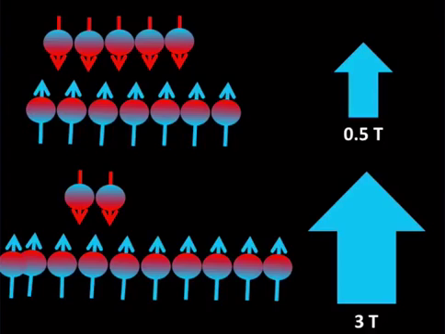The difference between the two populations corresponds to the energy required to produce resonance. As the field strength increases, the energy difference between the two populations also increases, so that more energy, or higher frequencies, are required to produce resonance.